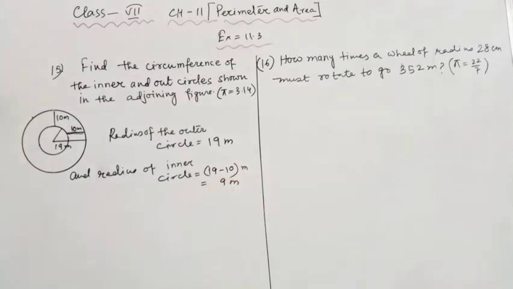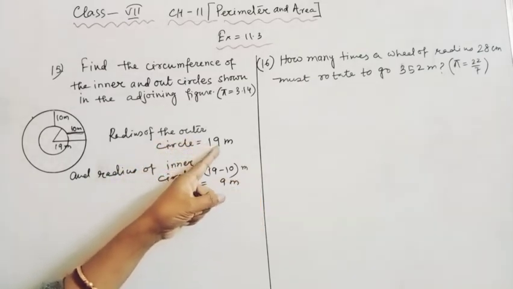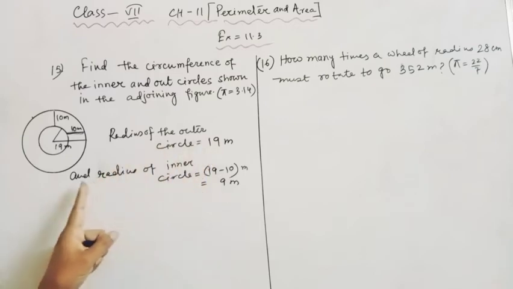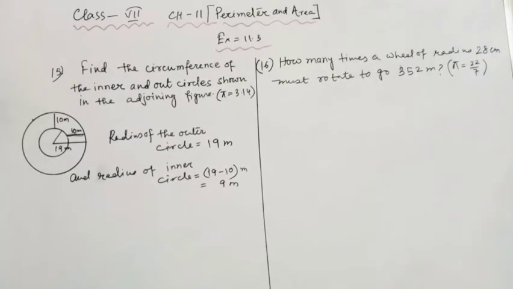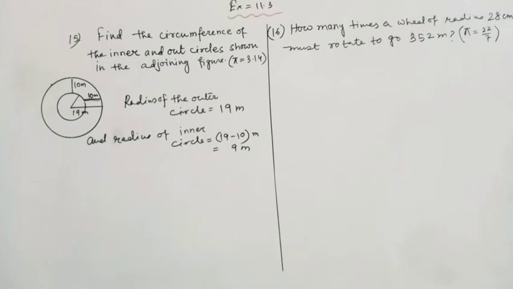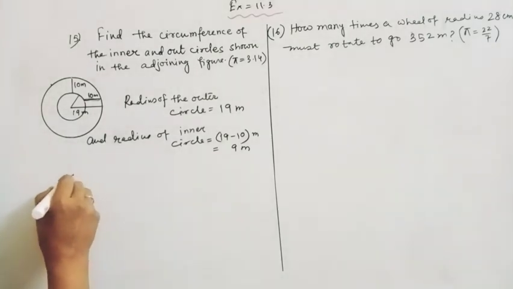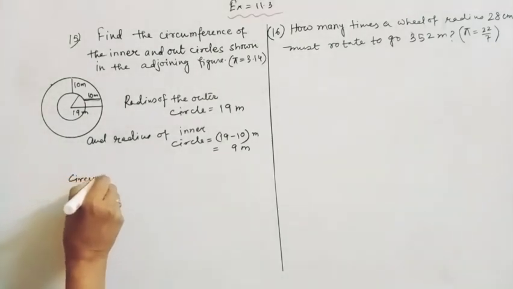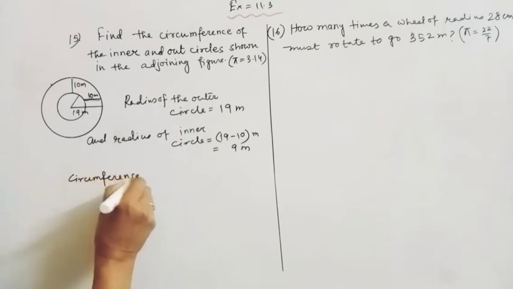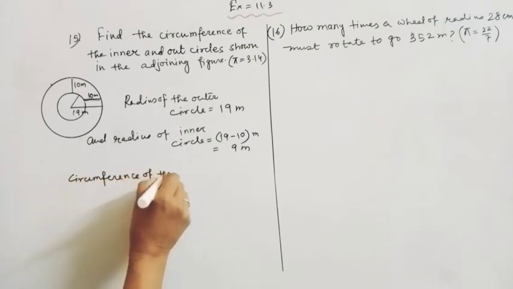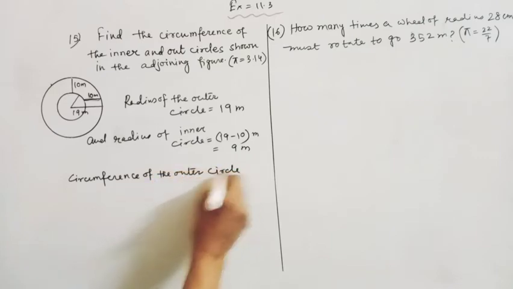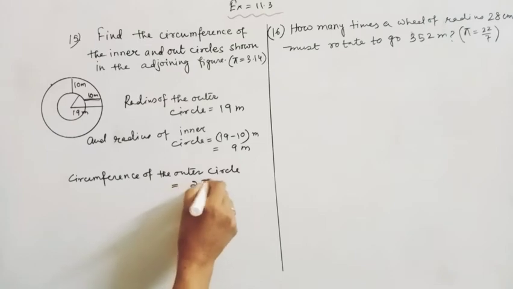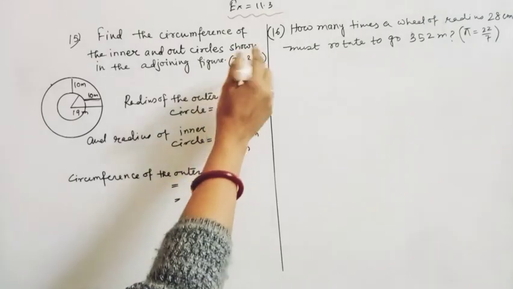Now it is very easy to find out the circumference of the outer circle by using this radius, and circumference of the inner circle by using the radius 9 meter. Now circumference of the outer circle is equal to 2 pi r, and the value of pi is given as 3.14.